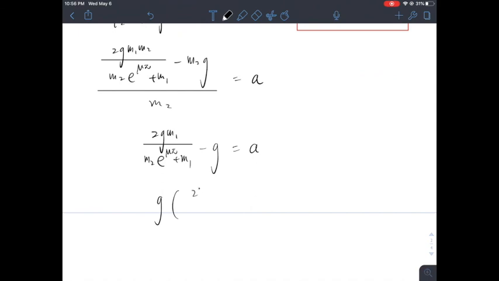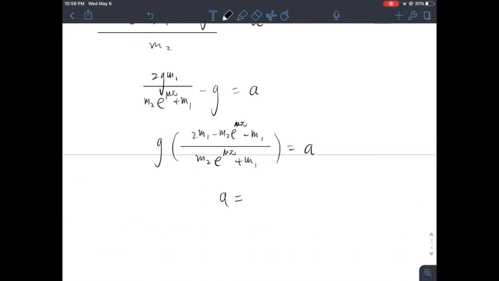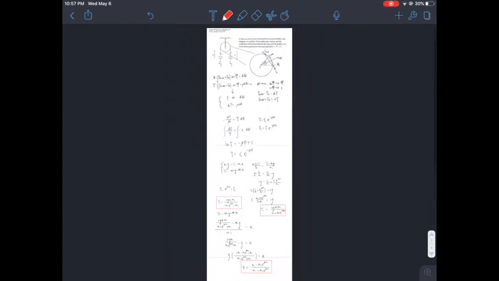Then we factor out the g and find a common denominator, and we get g times m1 minus m2 e to the mu pi, divided by m2 e to the mu pi plus m1, equal to a. Finally, we get the solution: a equals g times m1 minus m2 e to the mu pi divided by m1 plus m2 e to the mu pi. That's our final solution. Thank you for today.